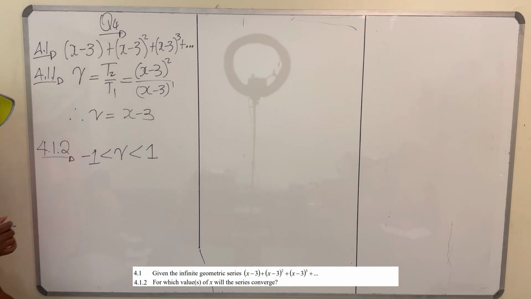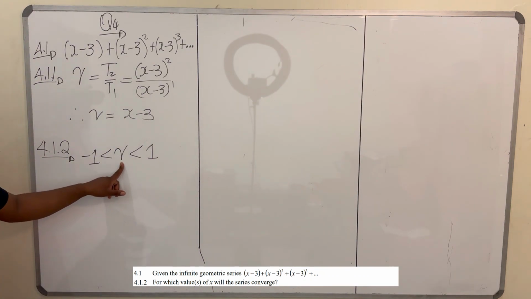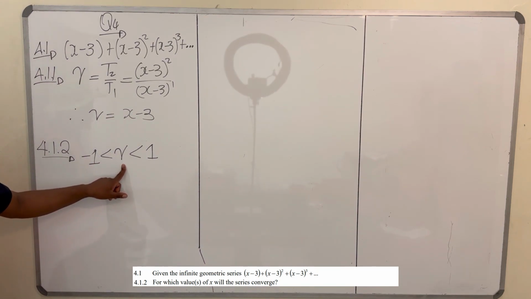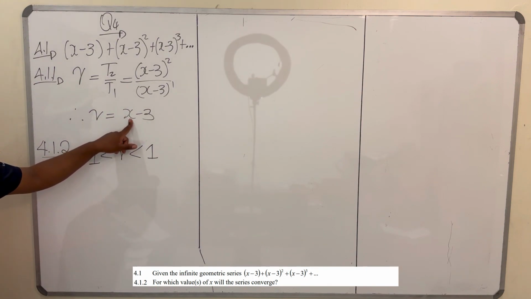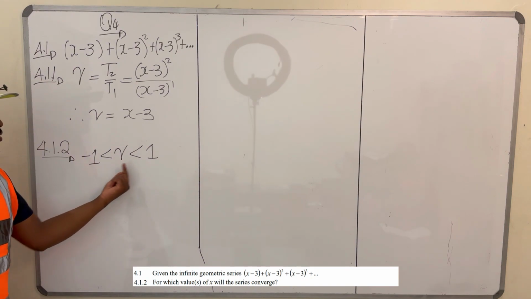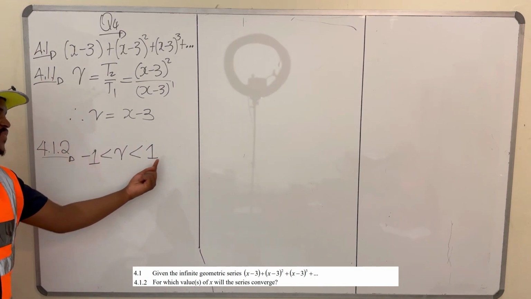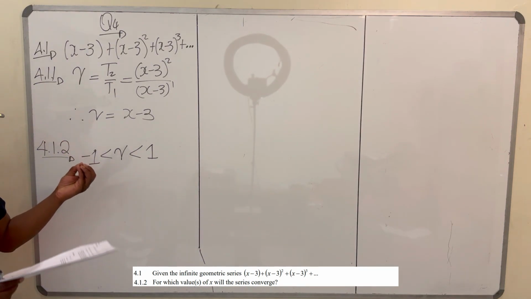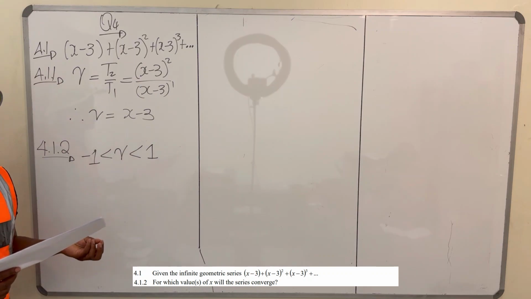So it converges when your common ratio is between minus 1 and 1. But you do have your common ratio. It's x minus 3. So you want those values of x such that your ratio will satisfy this condition.